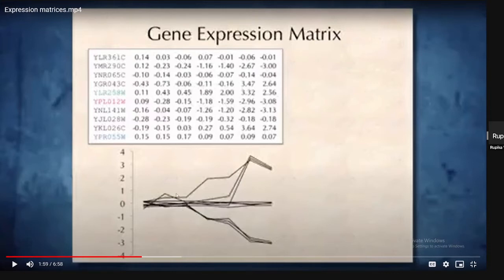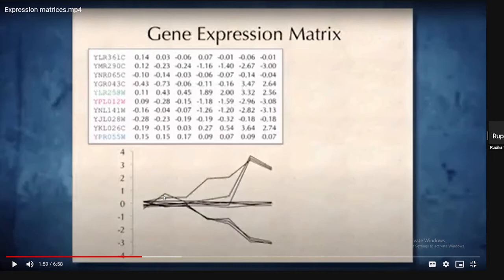Some genes are working in the same manner. Here you can see 3 genes working in the same manner. They go up here and are more or less the same.